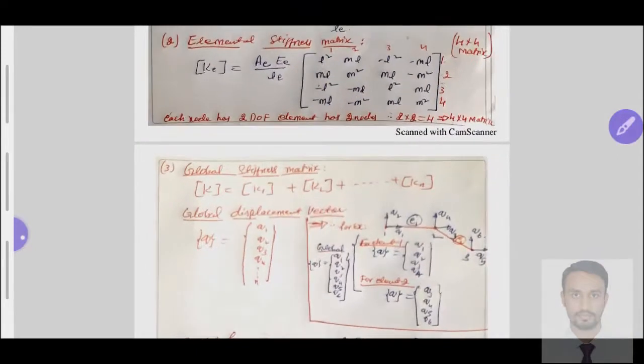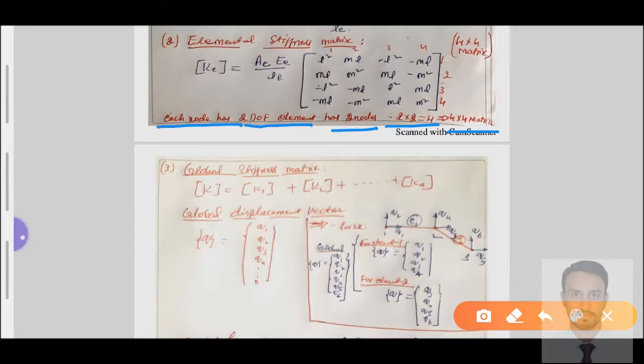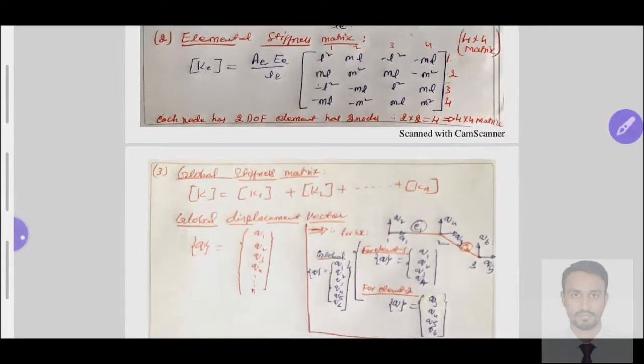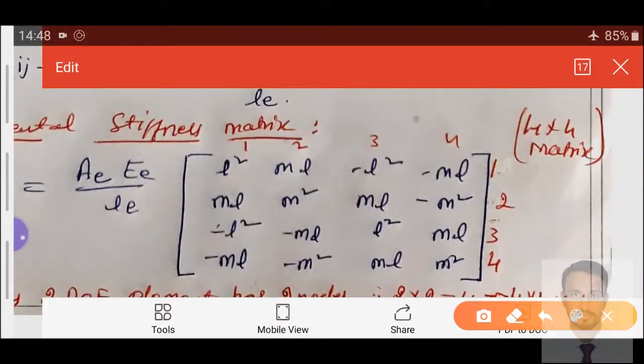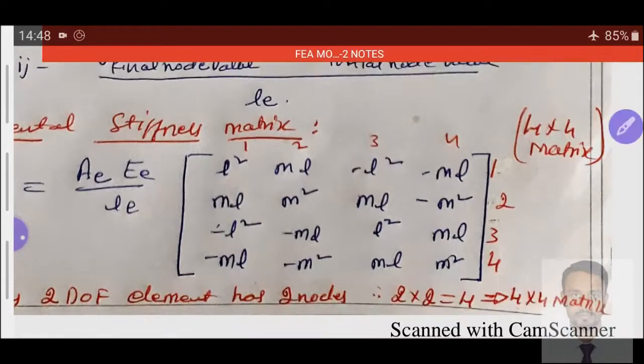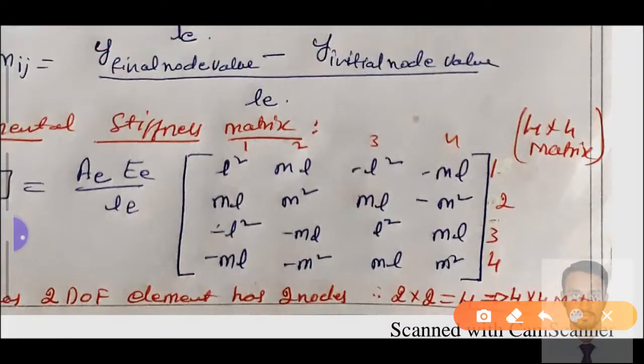Then we know that it is a 2 cross 2 matrix in a bars problem, where each node has 1 degree of freedom, but here each node has 2 degrees of freedom. We have 2 nodes, 2 cross 2 is equal to 4. Then we'll have a 4 cross 4 matrix. This 4 cross 4 matrix is represented based on the nodes. Node number 1 has q1 displacement along the x-axis.